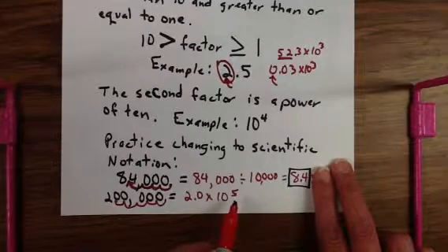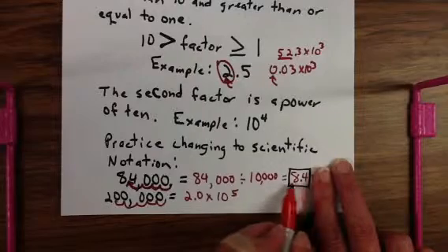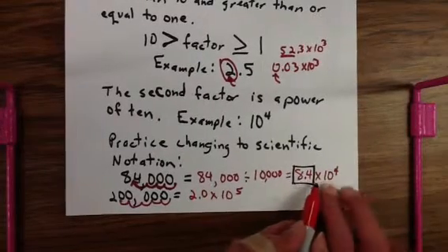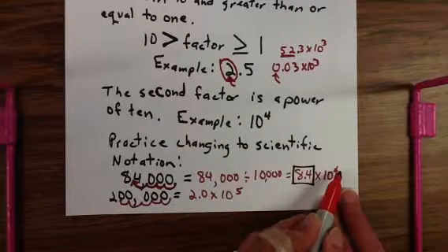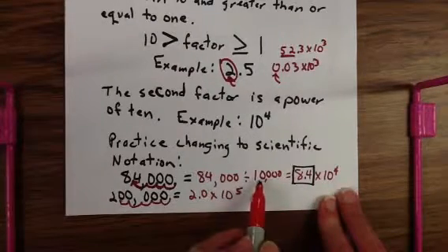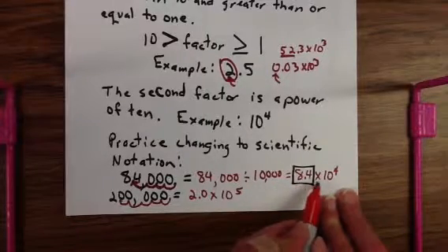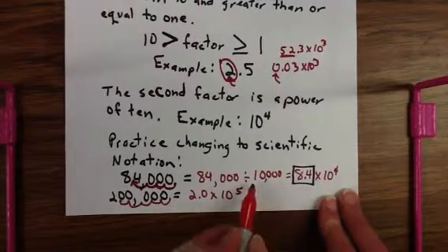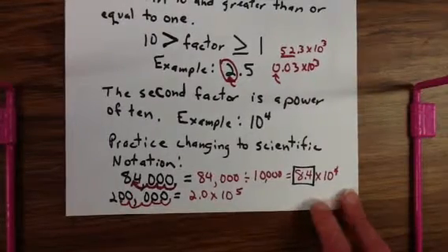But to note it in scientific notation so that you can get back to the original number, you take that number that you divided and you multiply it by 10 to the fourth power, which is 10,000. So 8.4 times 10 to the fourth power, which is 10,000 in value, brings you back to your original number.